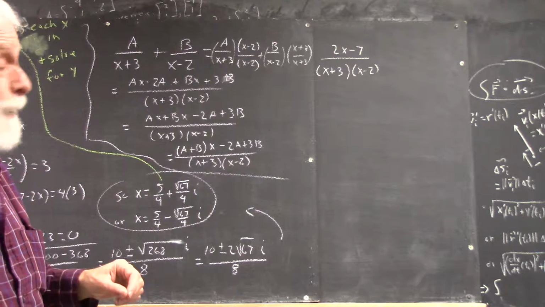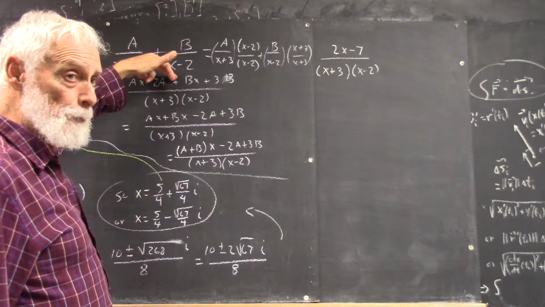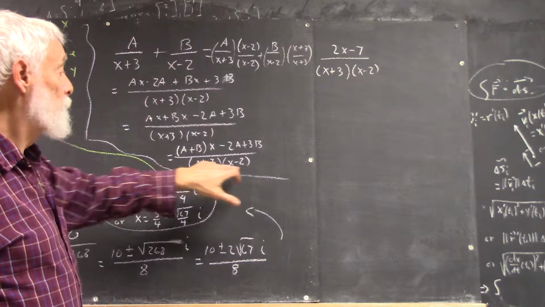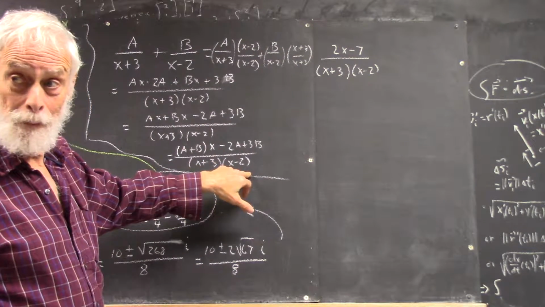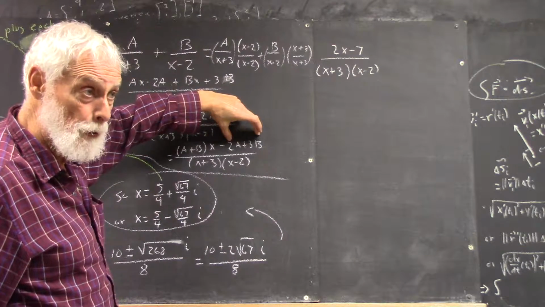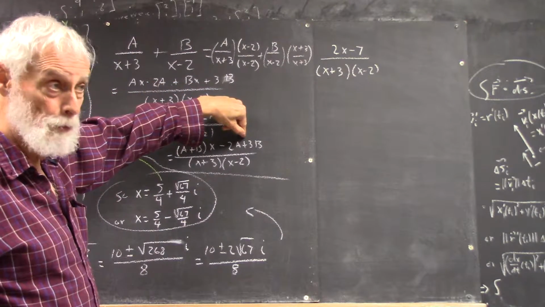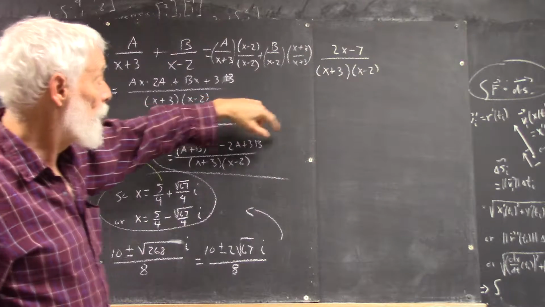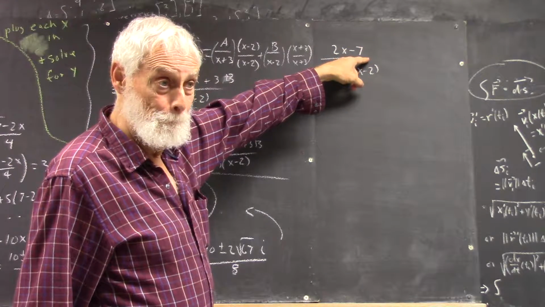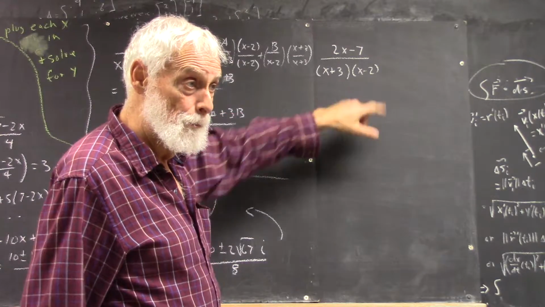I'm telling you that you can, well, you see that when we add something over x plus 3 to something over x minus 2, we get something over x plus 3 times x minus 2, right? And that something can have an x in it and can have just plain old numbers, because that's what these are going to be if you know what a and b are, right? If a and b are just numbers, you just have a multiple of x and then a number on top, right? Okay? Well, that's exactly what you have here, isn't it? You have a multiple of x and some number on top, right? Over x plus 3 times x minus 2.